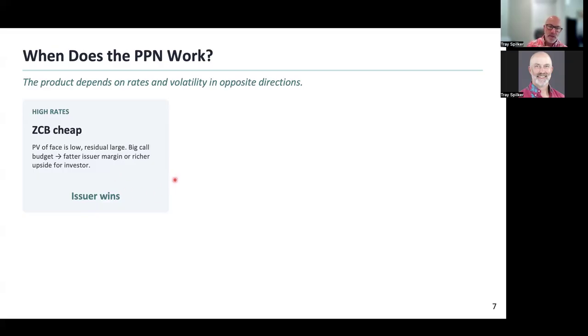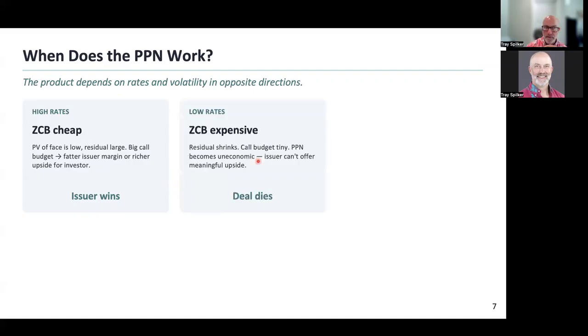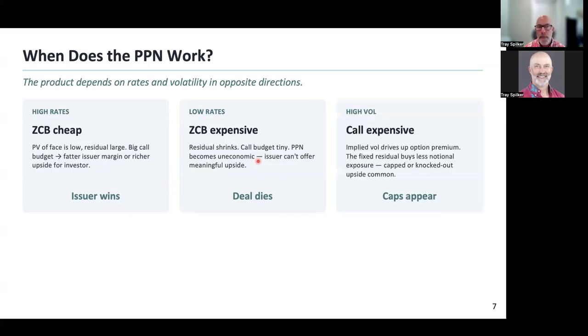The opposite is true in a world in which interest rates are low, because then the zero coupon bond will be expensive. So then we have a small budget for buying call options. It becomes uneconomic, and we don't provide the product. And in a high volatility environment, the call will be expensive.